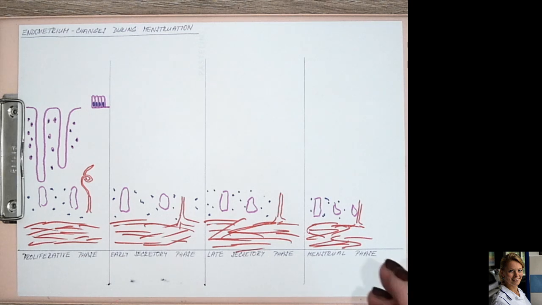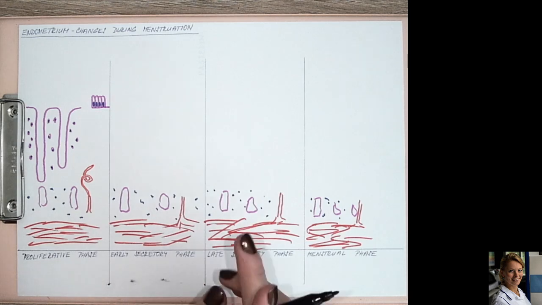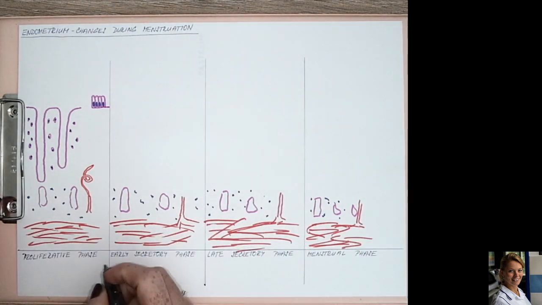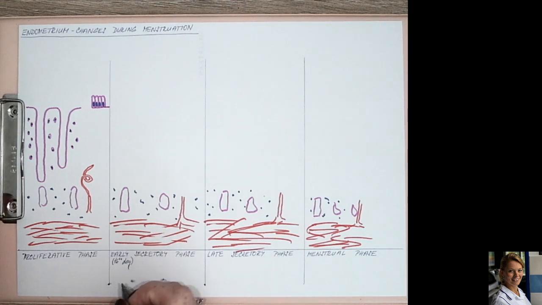So this is the proliferative phase. Another phase, early secretory phase, approximately in the 16th day of a menstrual cycle.